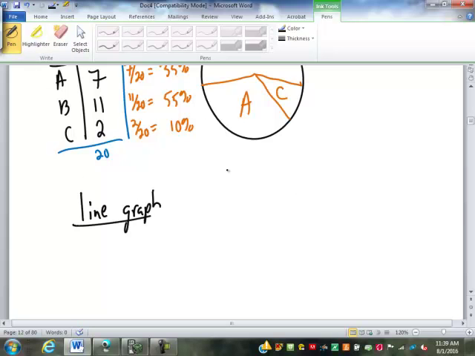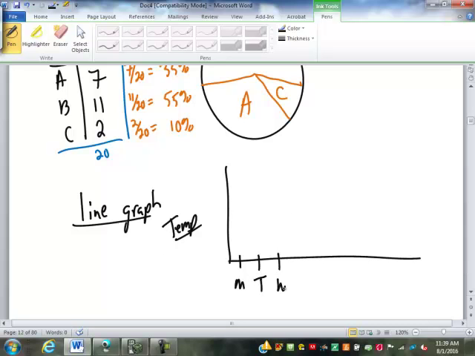Remember, in line graphs, you might put time on the bottom, like if we were tracking the temperature. You might put Monday, Tuesday, Wednesday, Thursday, Friday, Saturday, Sunday, and put dots for the temperature. Like that.